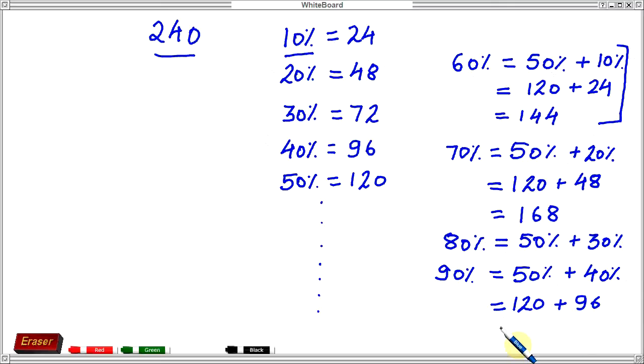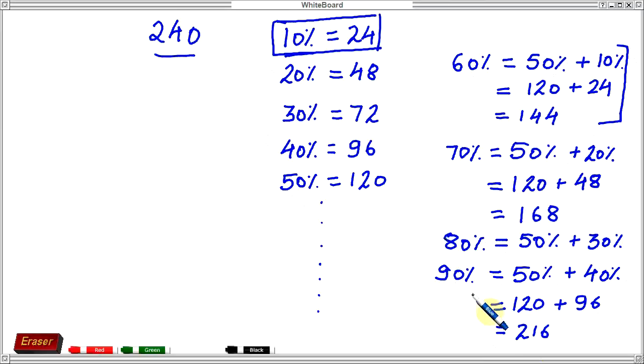And I'll obtain the answer as 216. See? So all these percentages which are ending in 0 would be very, very easy to calculate once we have 10% in our mind. The only thing that we need to use over here is that 10% is one decimal to the left. That is, 10% in this case is 24.